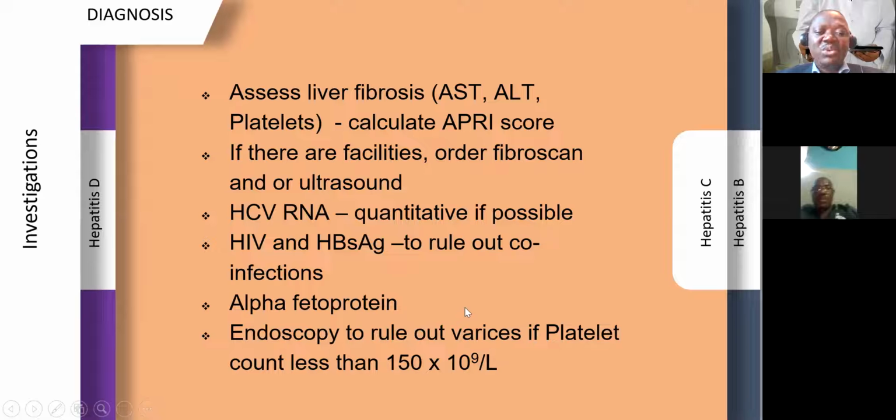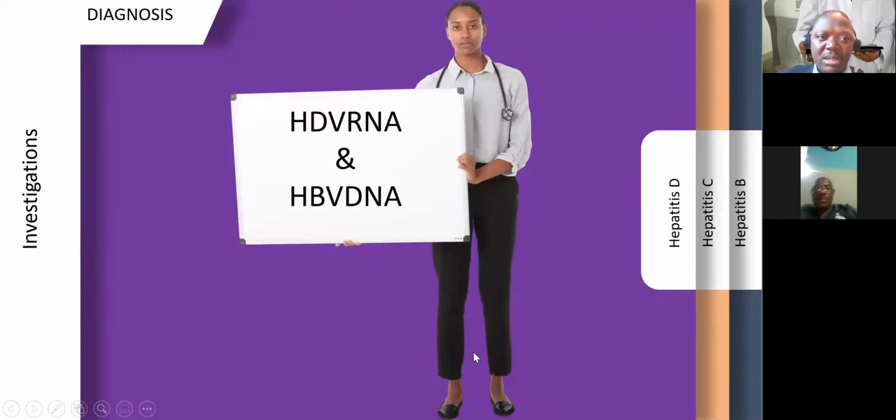And so sometimes you need to know how far the infection has progressed. You then go on to performing endoscopy if you find the platelet count is less than 150. That is the lower limit of platelets, suggesting some hypersplenism, which I mentioned earlier, and that's an important factor.